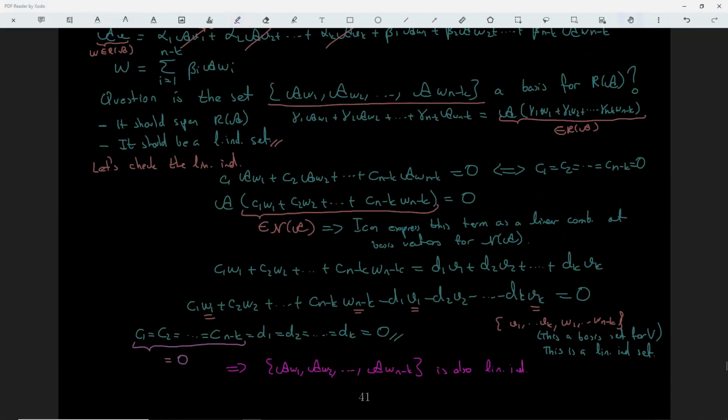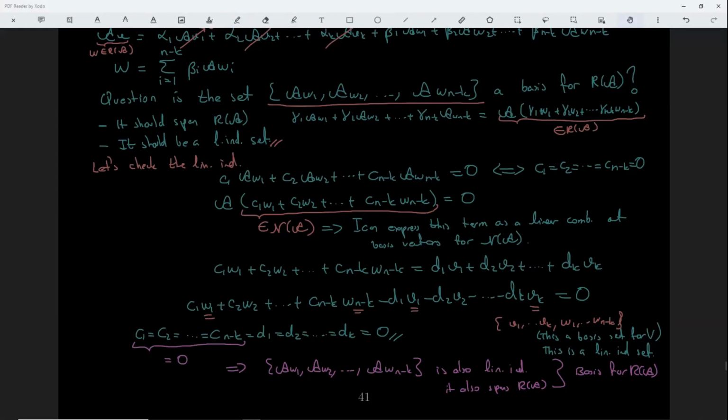It also spans the range, so it also spans the range space of A. Then this is a basis for the range space of A. So far so good. Do you have any questions? Because we are almost done.